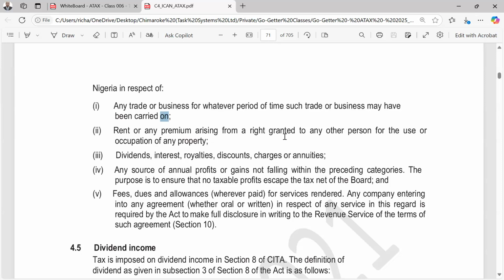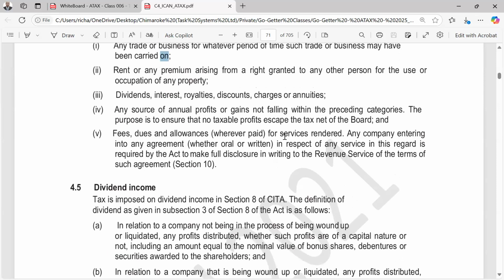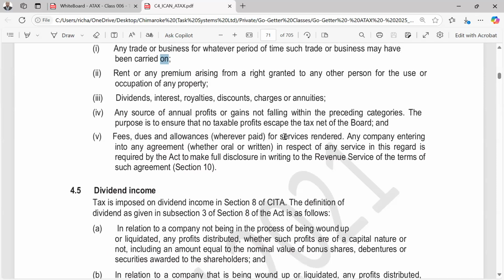Then there are discounts, charges, or annuities. Annuities is annual amounts that you pay or receive. Then here is any source of annual profit or gain that are not in one to 3 above. Then fees. For example, we have accountant fees, lawyers fees, management fees, dues, and allowances.